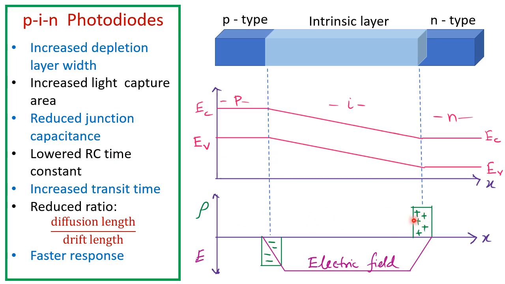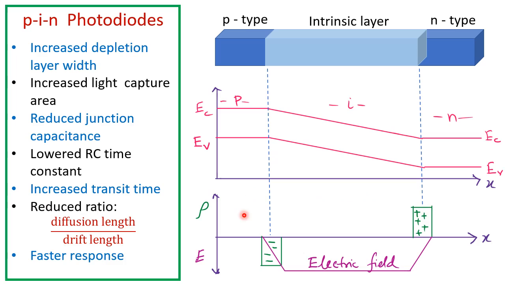And again, because this electric field is now spread out over a larger spatial distance, a larger fraction of charges are going to experience drift in comparison to diffusion, right?